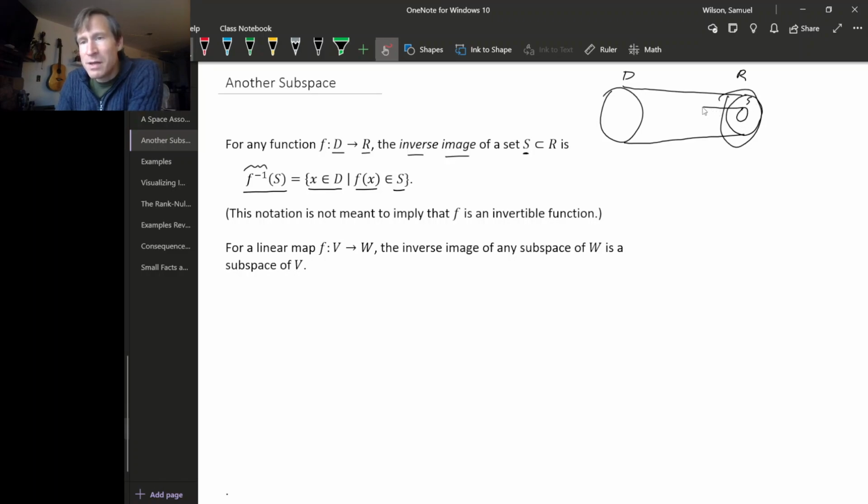Only some elements of the domain, in general, will end up inside of S. So the elements that get sent into S, this is the inverse image of S.